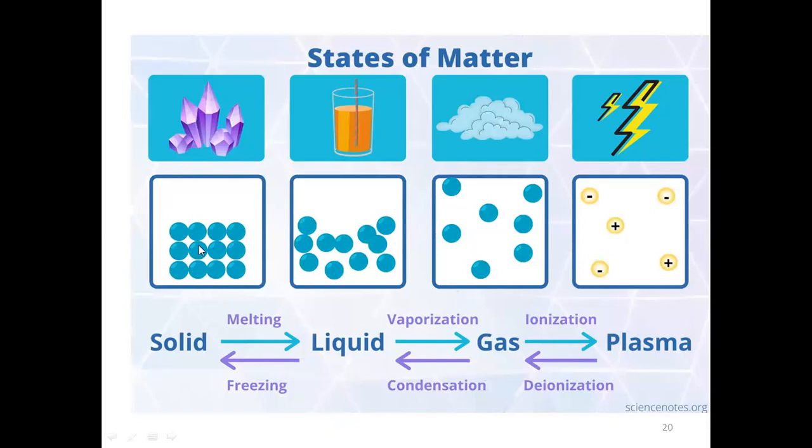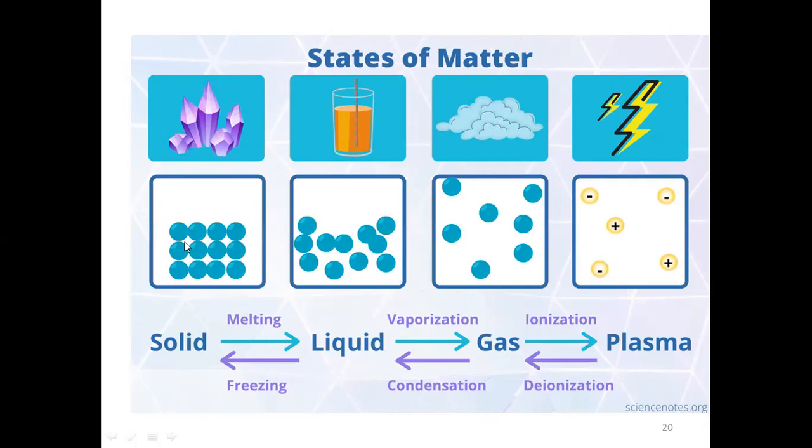This molecule has an attraction with this molecule, this and this. That means it is fixed among the molecules, with strong intermolecular forces to the other molecules. So it is not going to move out of here unless you provide energy, and then it is converted into a liquid.